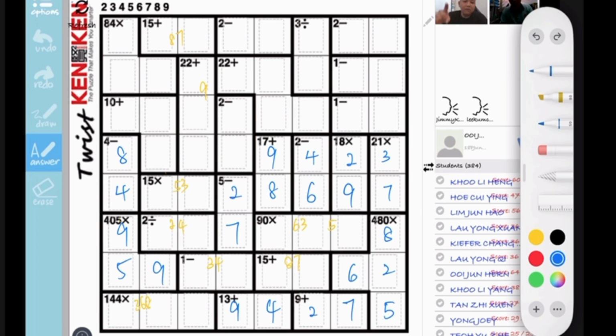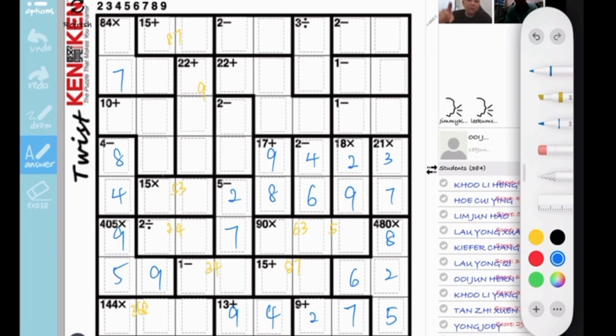So here will be 7. Yeah. And then looking at the 3 divides here, since we have used 2 and 6 in the same column, we only have the choice 3, 9. Okay.